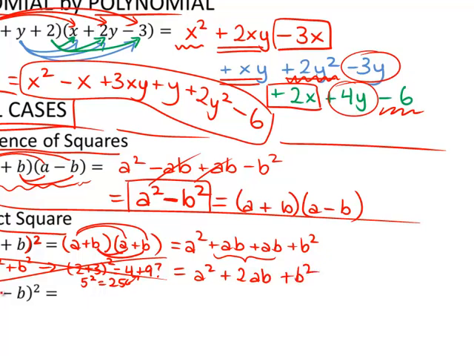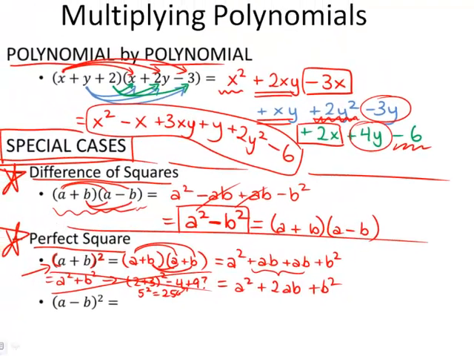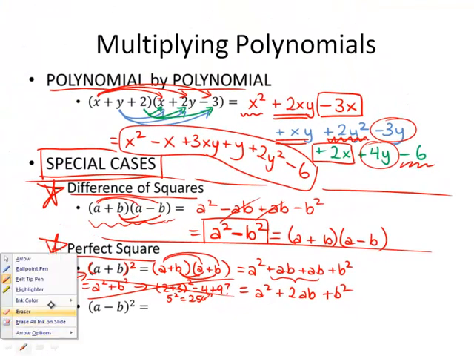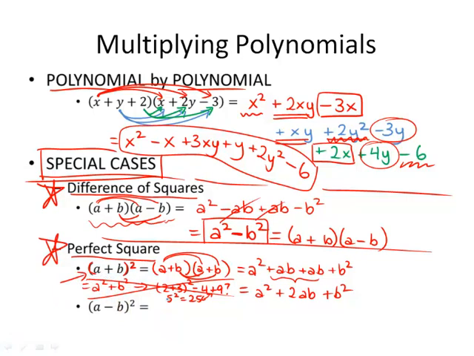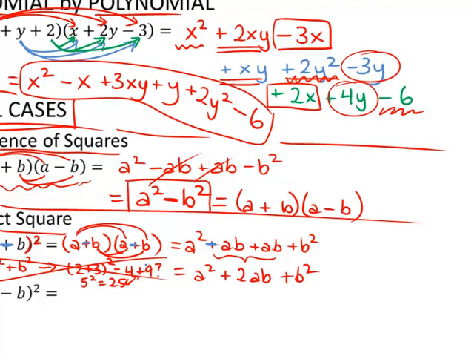You'll notice if the middle sign was a minus, so say this was a minus sign here, these would be both minuses, and that would give us these terms to be different. Your a times your negative b would be negative ab, and your negative b times a would be a negative ab, which would be then negative 2ab.